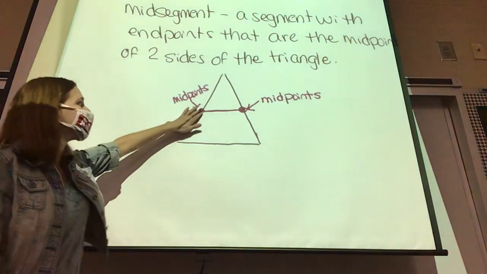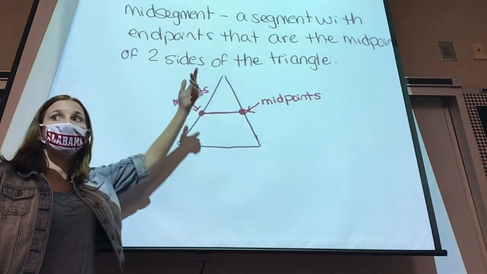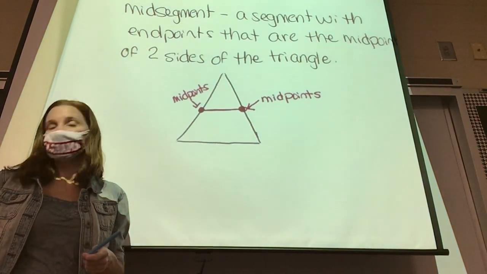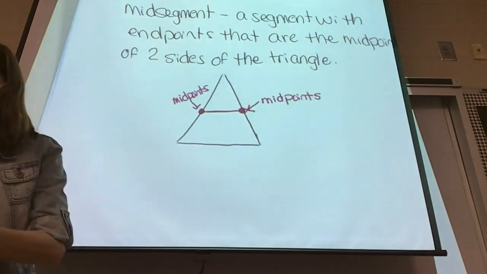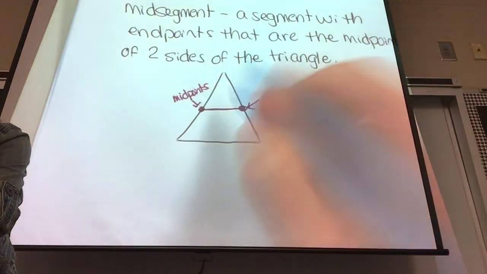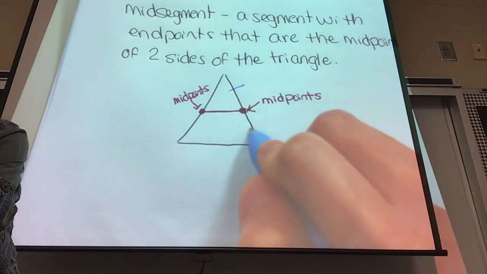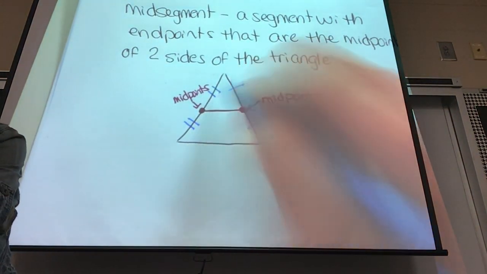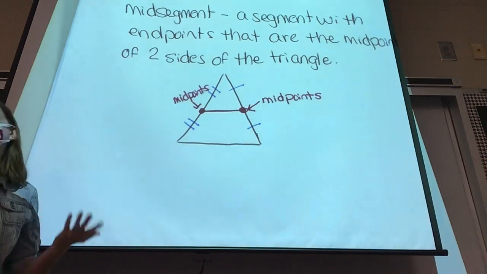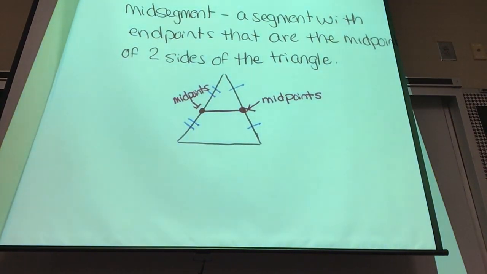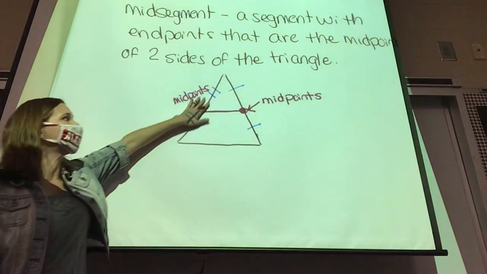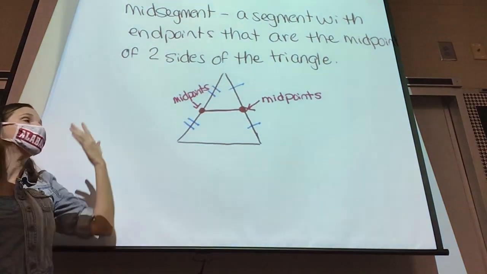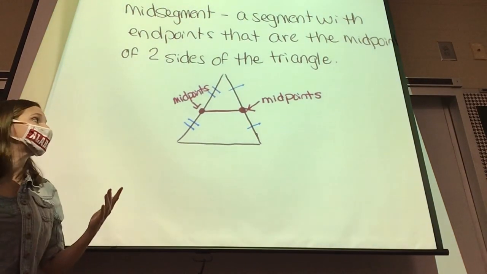So when you've got this midpoint of your mid-segment, you now have this piece congruent to this piece, and this piece congruent to this piece. Now the two sides do not have to be the same, so I cannot necessarily tell you that this side is equal to this side, because I don't know what kind of triangle we've got.